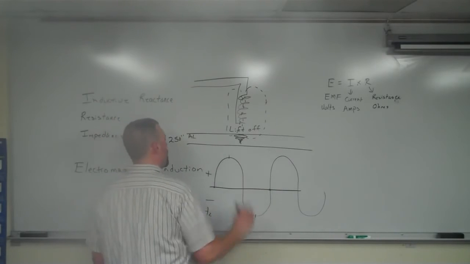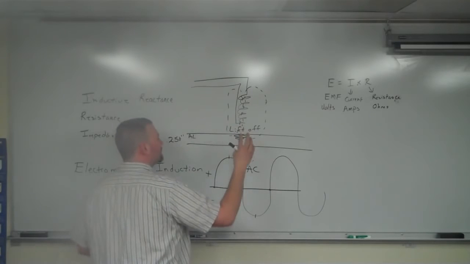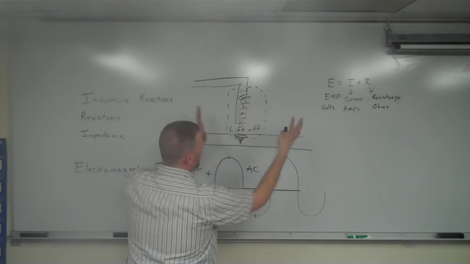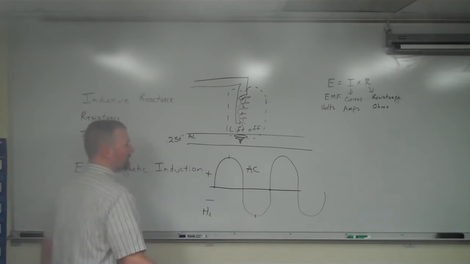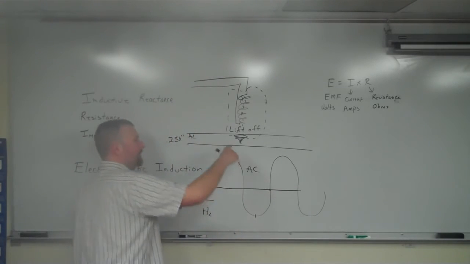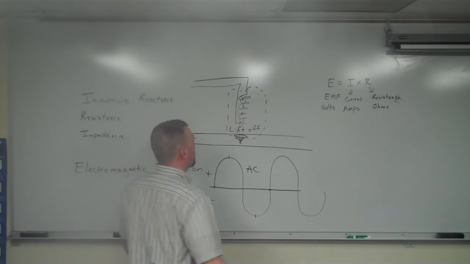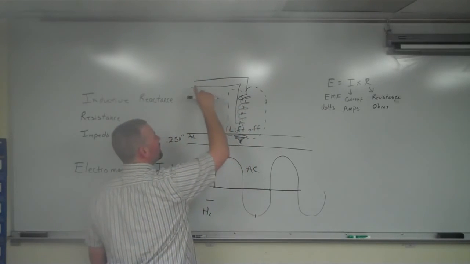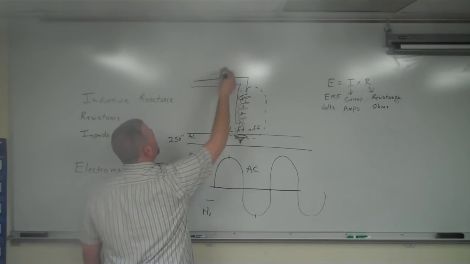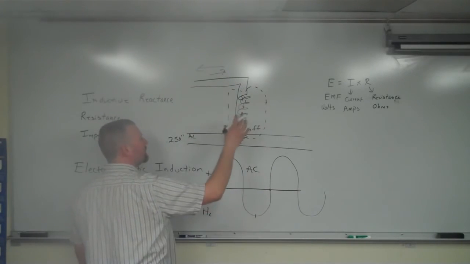So we've got AC current, and this magnetic field is going to expand and collapse all the time. As it does, that's just the AC current going back and forth, positive and negative. For a minute it's going to spin one way, then spin back the other way. That same thing is happening here. Current's going to go this way for a little bit, then turn around and come back the other way, back and forth, back and forth.